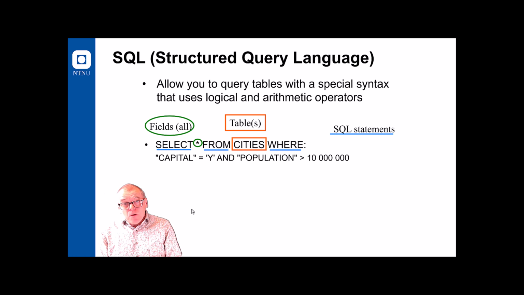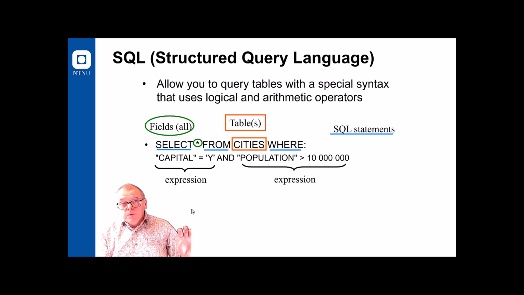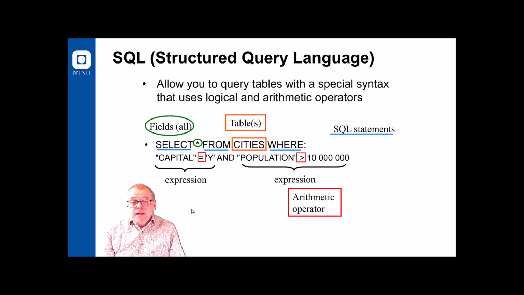The table, or the source for where we get this information from, is here called cities. So it is a table of all the cities of the world, and we have two expressions, one related to the capital, which is one field in the cities table, and another one called population, which is another field in the cities table.